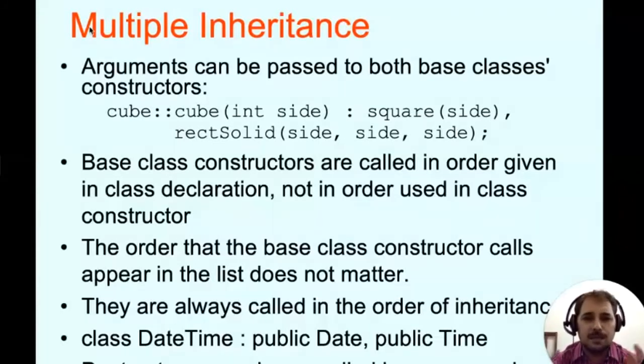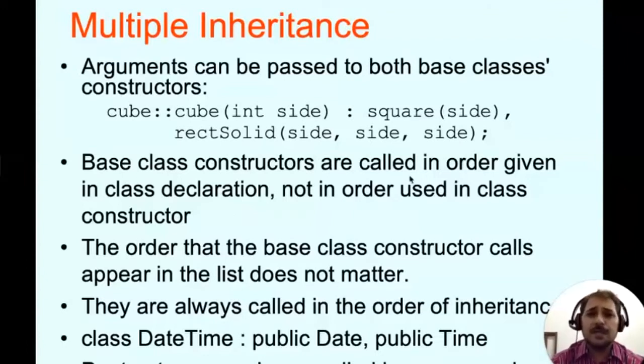Actually, in this special case, each figure has sides, so the same argument is replicated and used multiple times. Otherwise, if the arguments are of different nature, the cube constructor must have enough arguments to pass to the base constructors. I will explain this later in another example where it will be clear.